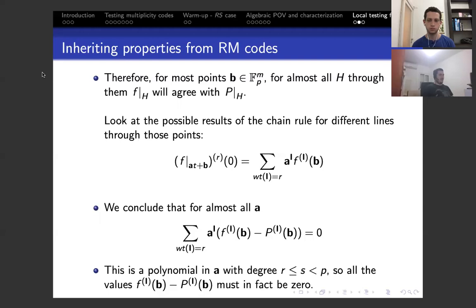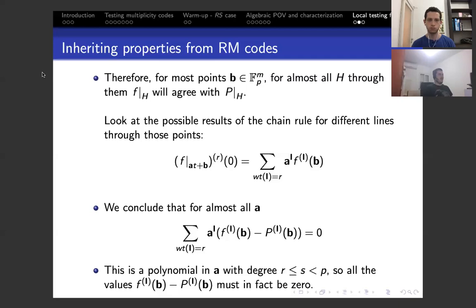This equality can be seen as a polynomial on A, which vanishes for almost all A. And so again, since multivariate polynomials cannot vanish on too many points, we know that this equality holds for all A. And so for all of those good values, f_i on B and P_i on B must be equal.